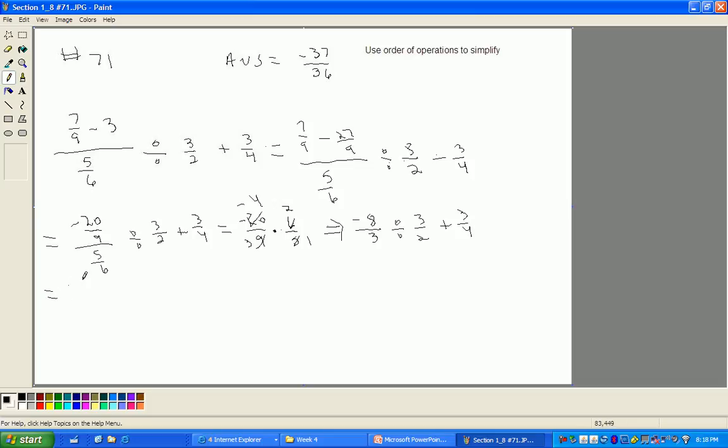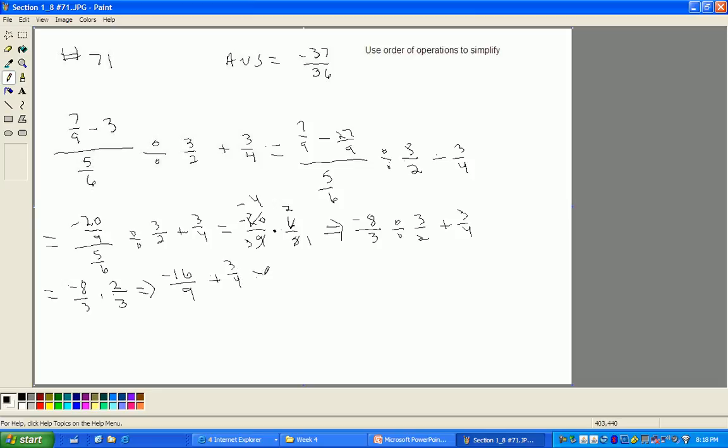So we get negative 8 thirds times, turning it to multiplication, 2 thirds. We can't do any cross multiplication. Negative 8 times 2 is negative 16 over 9 plus 3/4.